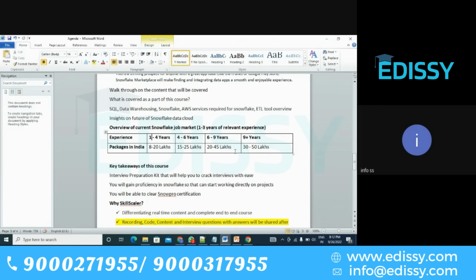A 3-year candidate a few days back got a 15 lakh package, 14 plus 1 lakh joining bonus. That is overall experience, out of which you claim 1 to 3 years of relevant experience. Since Snowflake is a new skill, the relevant experience you can claim is max 4 years.